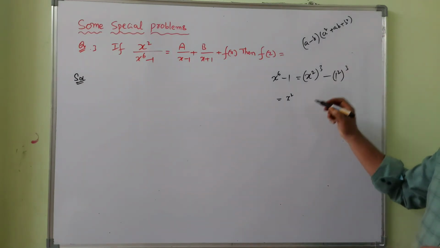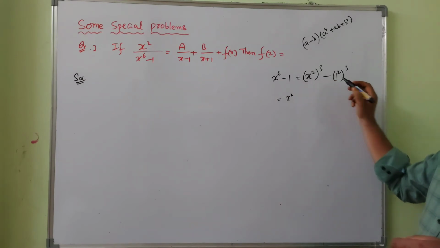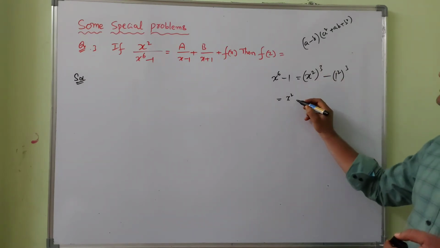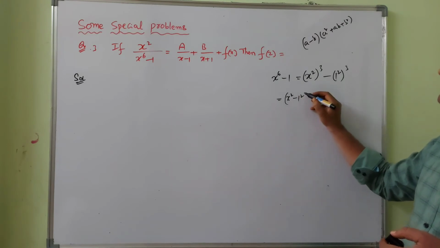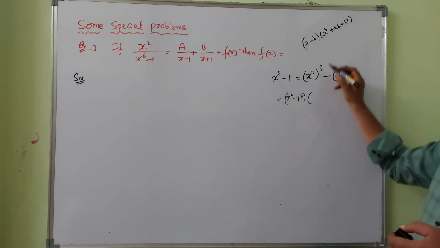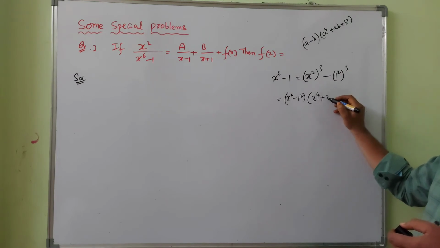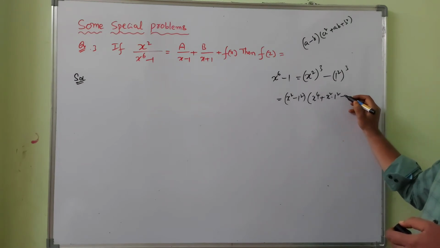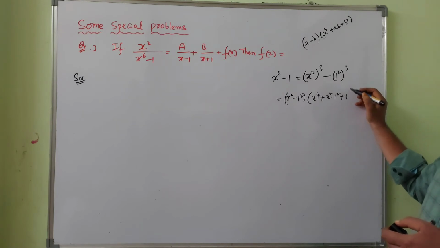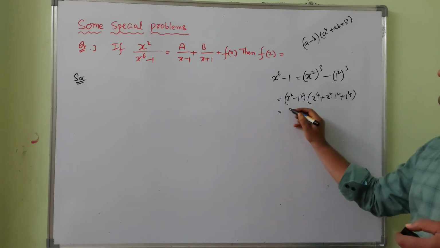So the factors are, this is a, x square is a, 1 square is b. So write here x square minus 1 square into x square whole square is x power 4 plus x square into 1 square plus b square is 1 power 4. What do you get here?